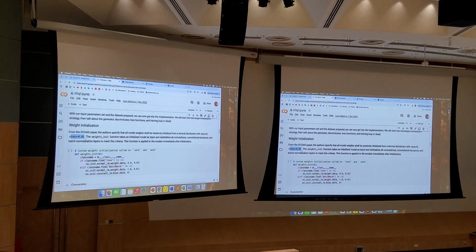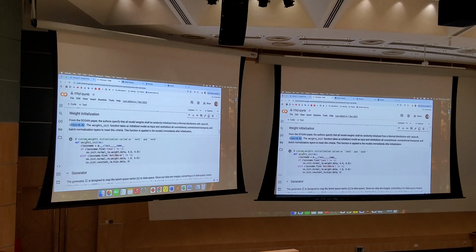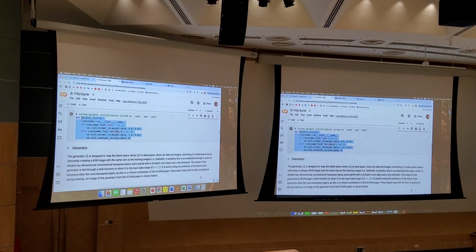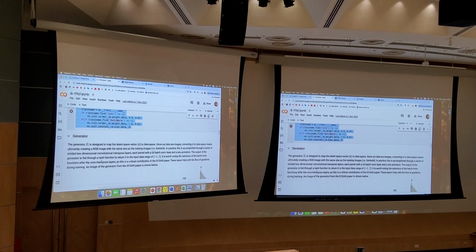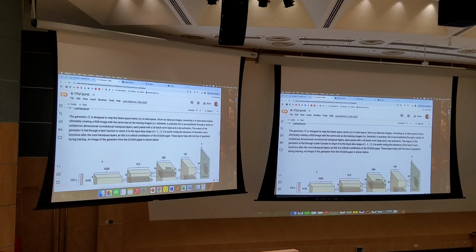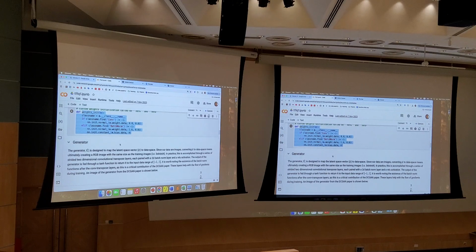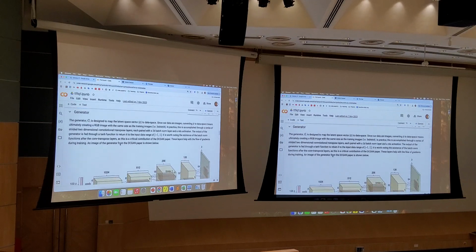This is user defined. So this is the weight initialization function. And you can see that we also initialize the batch norm layers as well.